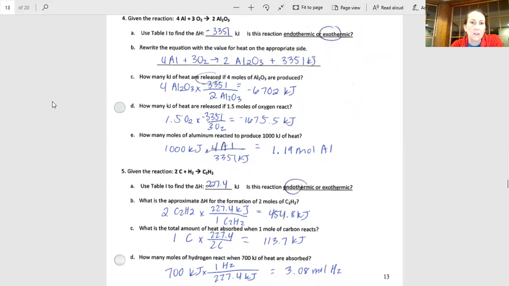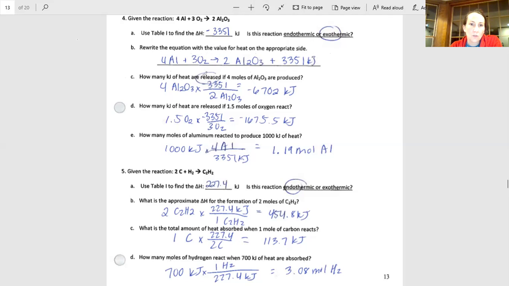Okay, in this one, it says use the table to find the delta H. So I looked up this equation in table I, and I found that it was negative 3,351. Since it's negative, that means it's exothermic. So I rewrote the equation and I just added the heat onto the end because that just means it's being released.